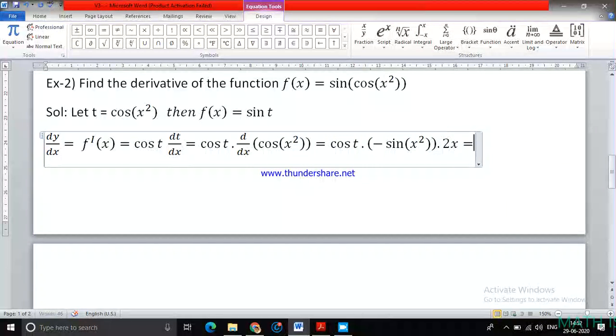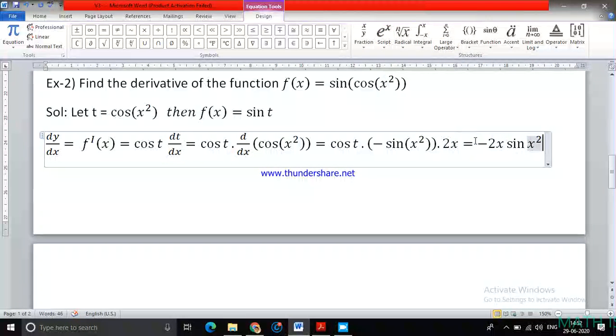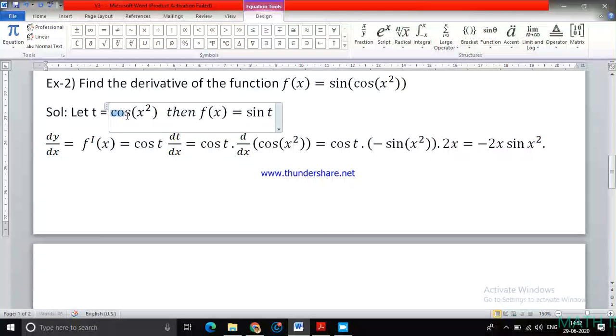So your final answer is going to be minus 2x sin x square into, here cos t is there, so in place of t again I replace whatever I assumed.